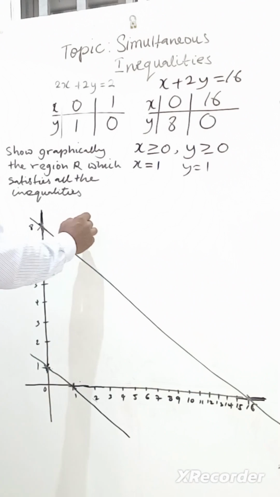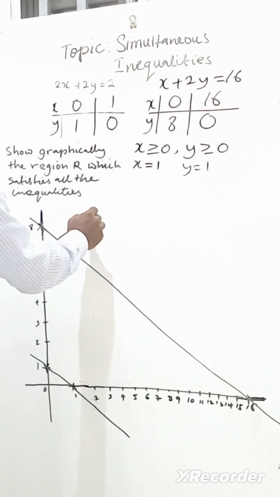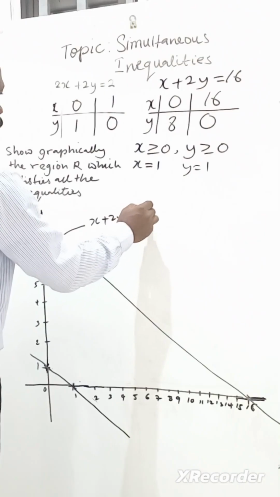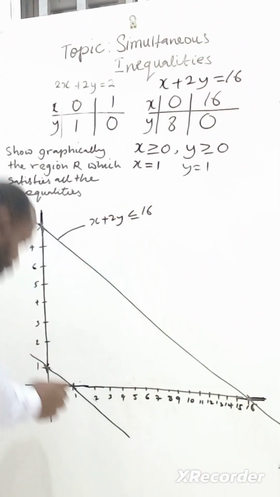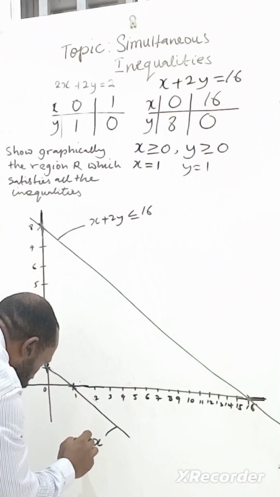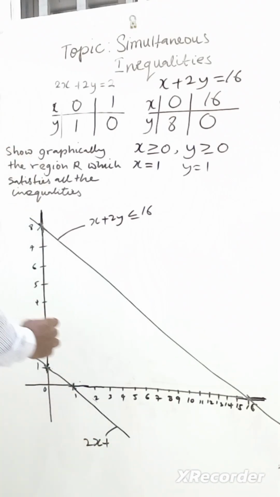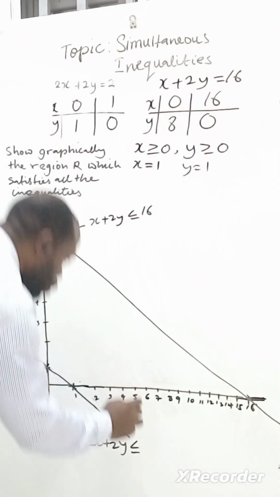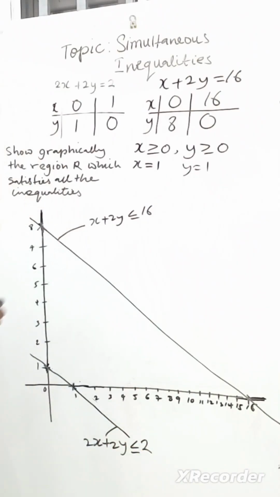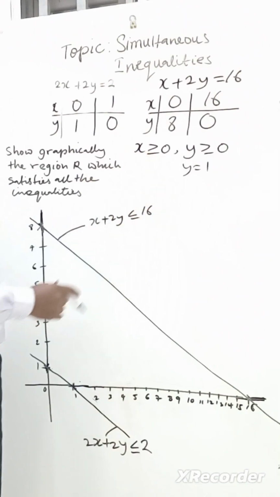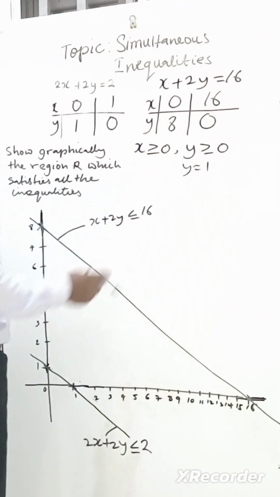So this is a line that satisfies x plus 2y is less than or equal to 16. And this is the line that satisfies 2x plus 2y is less than or equal to 2, for x greater than or equal to 0 and y greater than or equal to 0.